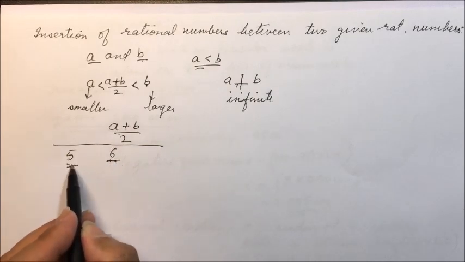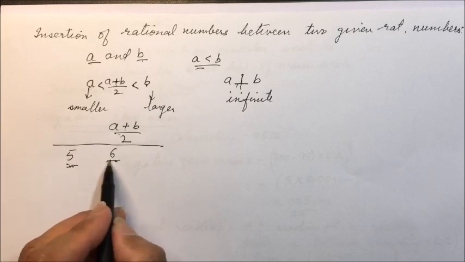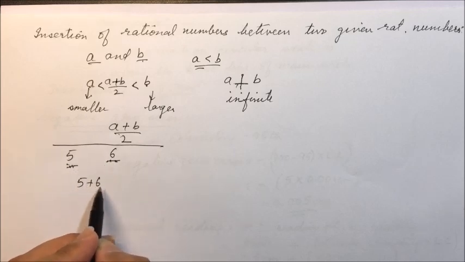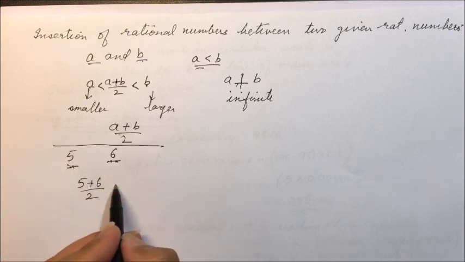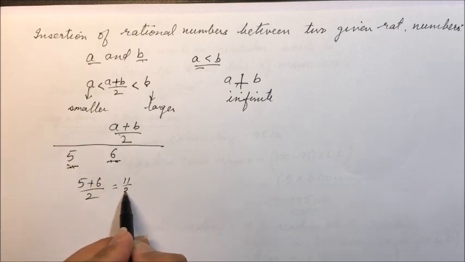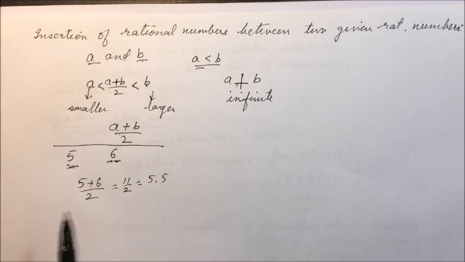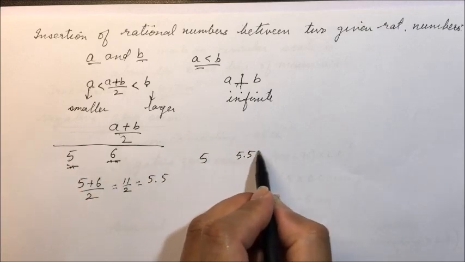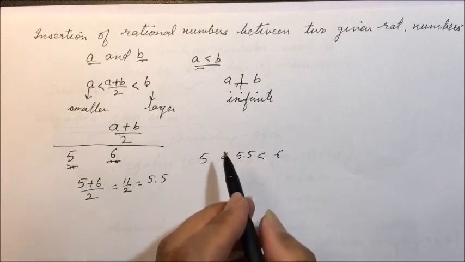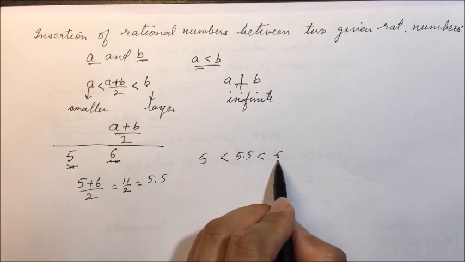One rational number that can be inserted is the average of them, 5 plus 6 divided by 2. This is the mean of 5 and 6, so it will be 11 by 2, that is 5.5. So 5, 5.5, 6. 5.5 lies between 5 and 6.